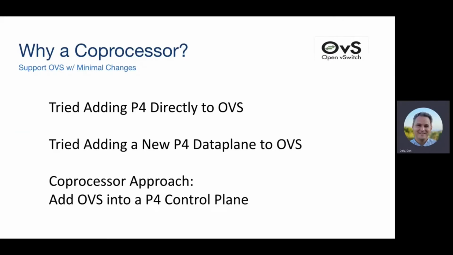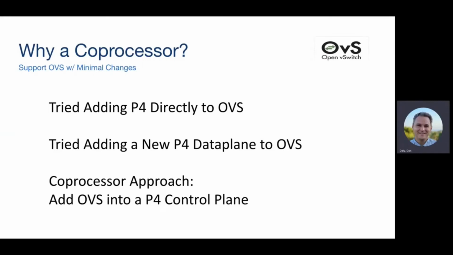So the second step was, why don't we create a new proto to make it another option inside of OVS? That still felt like a lot of extra surgery to add a new proto and create this new pathway inside of OVS.